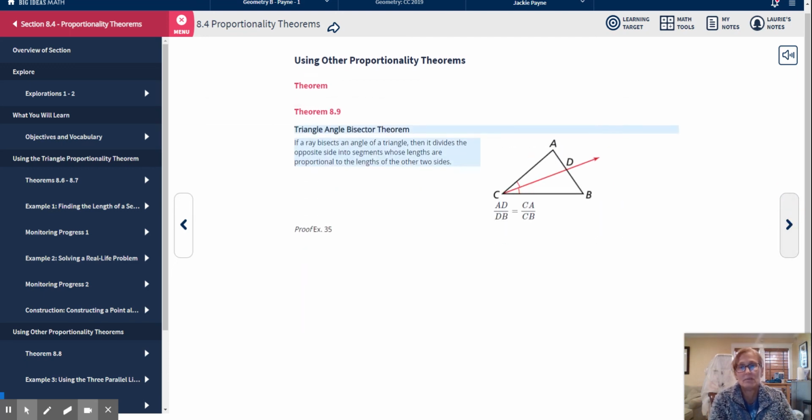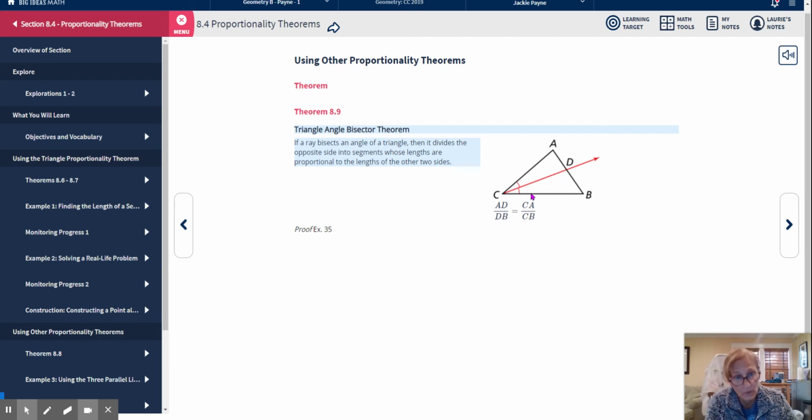There's one more theorem, and this one involves an angle bisector, so you'll get plenty of chance to practice with this. And this example has a really good tool for you to use, so pay attention. If a ray bisects an angle, so if you get that both of these angles are the same, then it bisects it. Then it divides the opposite side into segments whose lengths are proportional to the lengths of the other two sides.